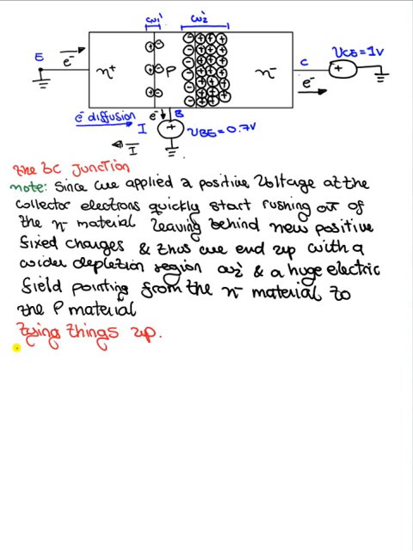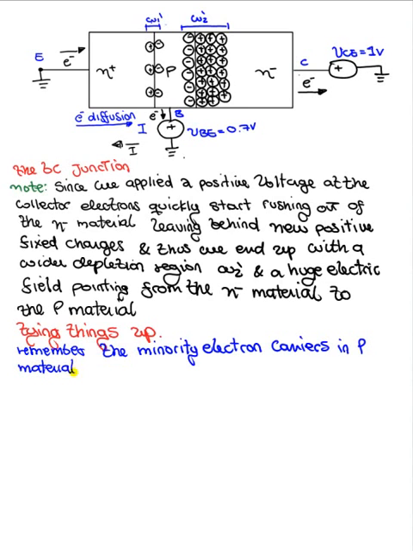So we say, remember the minority electron carriers that were generated, or induced, in the P material, remember from the base to emitter effect, that were diffused from the N plus material.